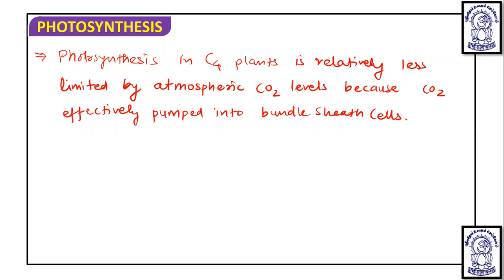So photosynthesis in C4 plants is really less limited by atmospheric CO2 because effective pumping of CO2 into bundle sheath cells occurs, during the decarboxylation of the malic or aspartic acid synthesized in the C4 cycle. So the CO2 concentration increases in the bundle sheath cell and Rubisco will act as a carboxylase.